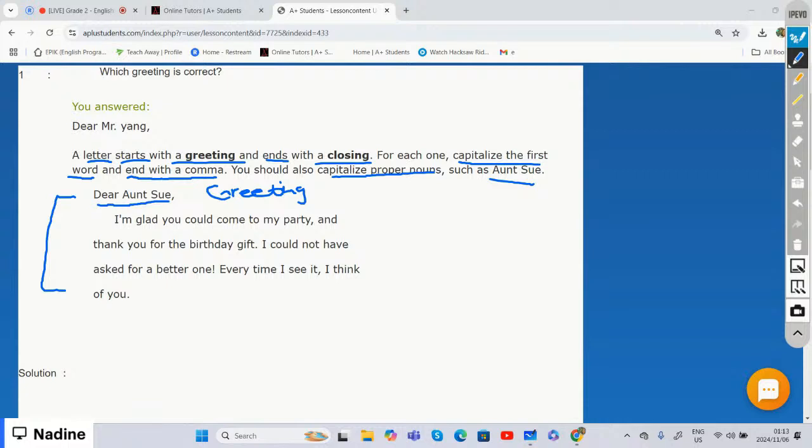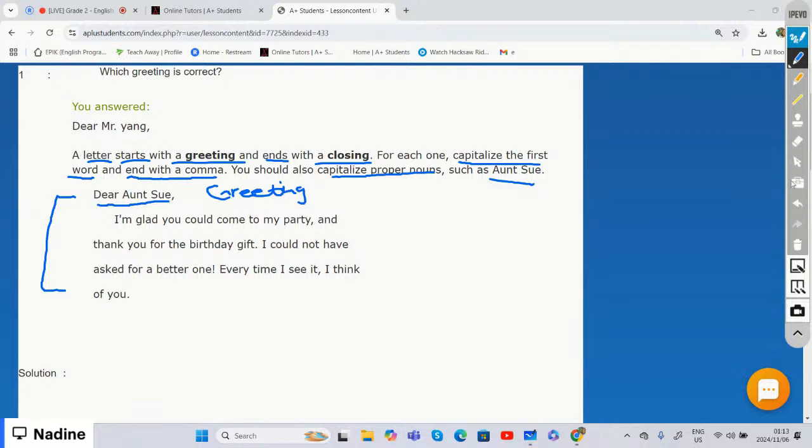Every time I see it, I think of you. So that is our specific letter, and the letter is addressed to Aunt Sue, meaning you're writing the letter to Aunt Sue.